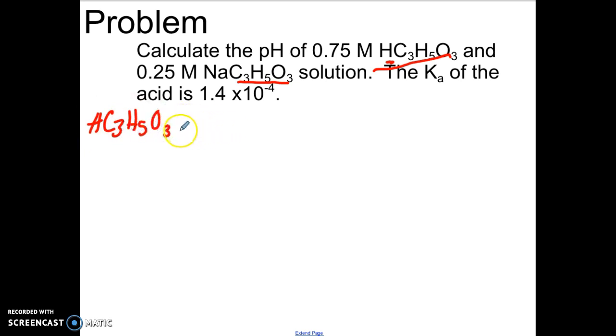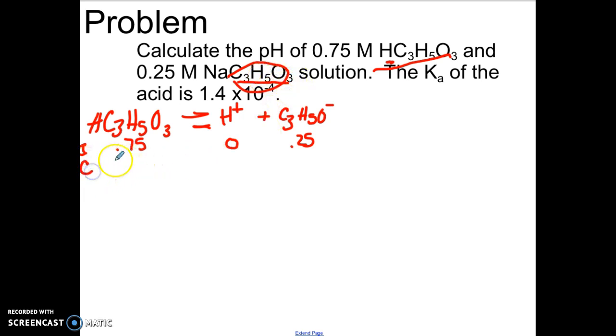So it's going to be HC3H5O3, and that is going to dissociate into the hydrogen ion, and you're going to get the C3H5O3 minus ion. Initially, here's my I, this concentration is 0.75, this is 0, and this is 0.25, and remember this 0.25 is from the conjugate of the salt, from that sodium C3H5O3.